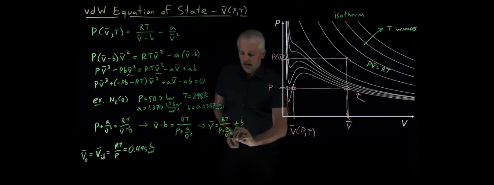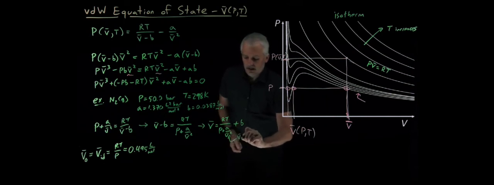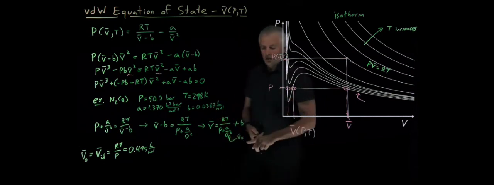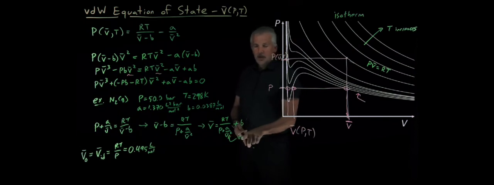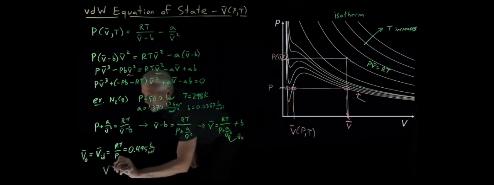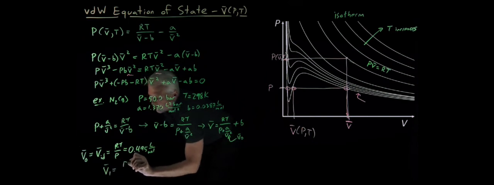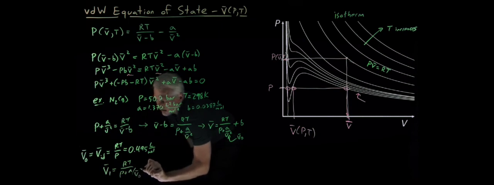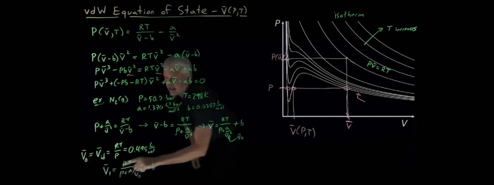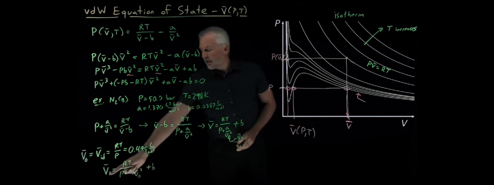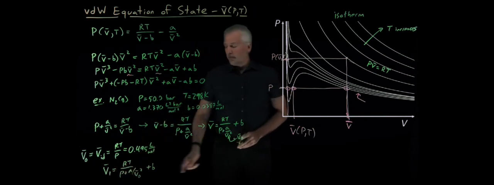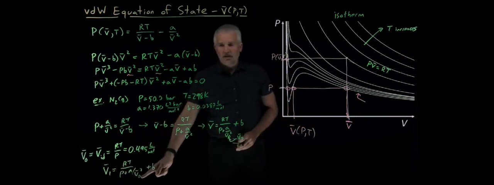If I then stick V naught, that 0th estimate of the molar volume, in this expression just to see how good a guess it is, calculate RT over P plus A over that volume squared, adding in B. Again, skipping the details of the math, my next estimate, the first real van der Waals estimate of the volume, uses the 0th estimate.